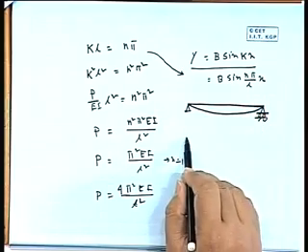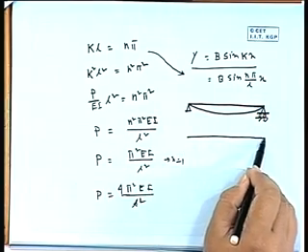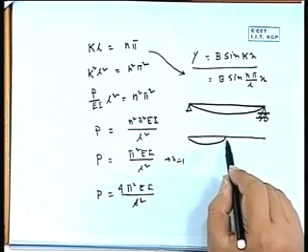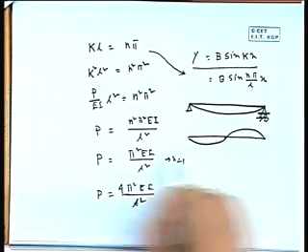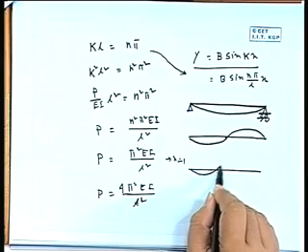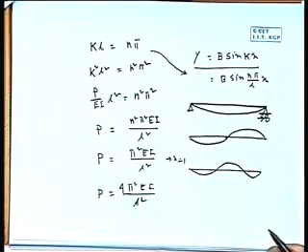So in that case, if I put in the deflection equation, it will be 0, and it will be like this. If n equal to 3, it will be like this, right?